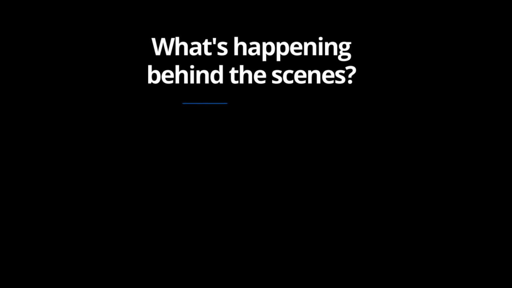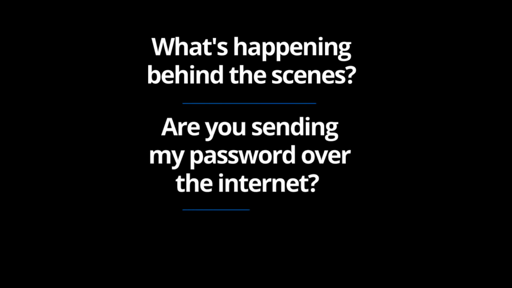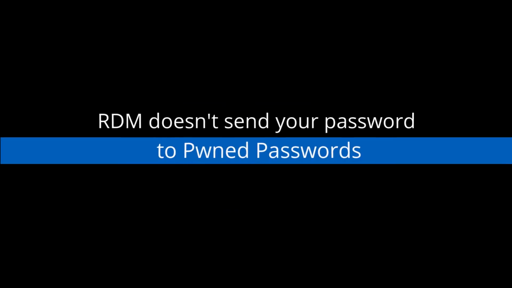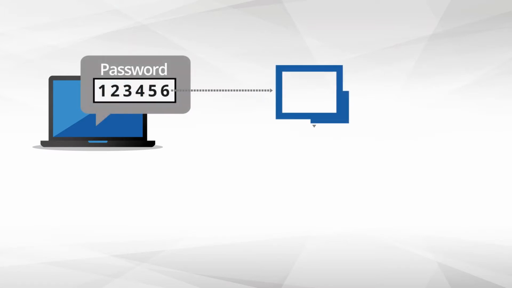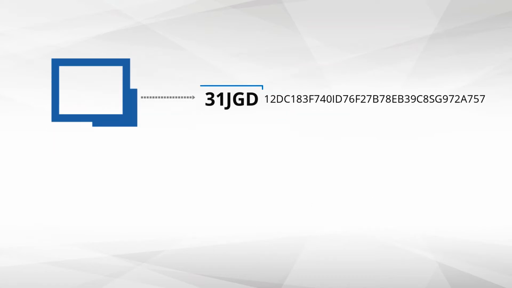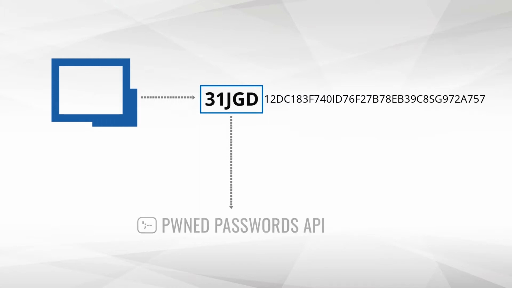You might have some questions now, like how are we transferring your passwords to the Pwned Passwords API? The first thing I want to say is, don't worry, we are not actually sending your passwords to Pwned Check, okay? They're not transferred. How it works is RDM encrypts your password into an SHA-1 hash, so it's turned into a bunch of numbers, and then RDM only sends the first 5 characters of that hash to Pwned Passwords.